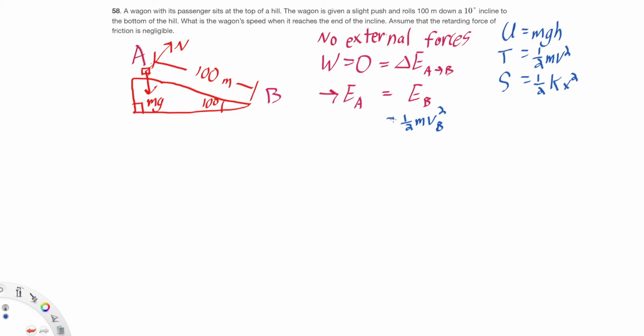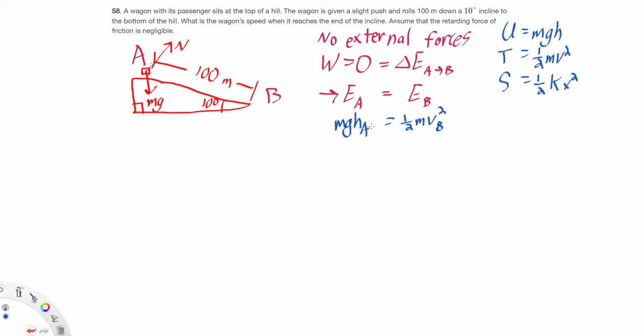And then, yeah, you're right. At the top of the hill, it's going to have gravitational potential energy. It's going to have some height above the ground. Right? So at point A, it has height, and there's an energy associated with height.